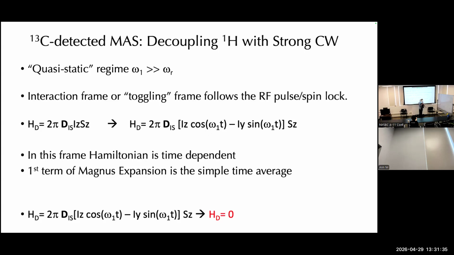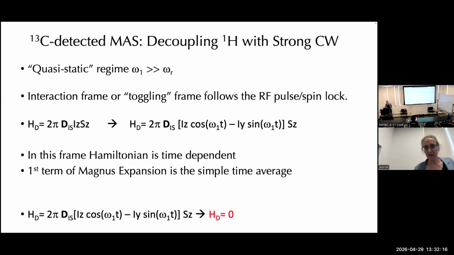So I'm rotating that piece of the Hamiltonian around the RF, going into a frame where I don't see the RF, where I follow the RF. And so I get a time-dependent dipole coupling, which has two geometrically distinct operators, and each one of them is sinusoidally varied. You say, what's the time average of that dipole coupling? What would you say? It's zero. So the first term of the Magnus expansion is the simple time average, and its answer is zero. That's the idea.